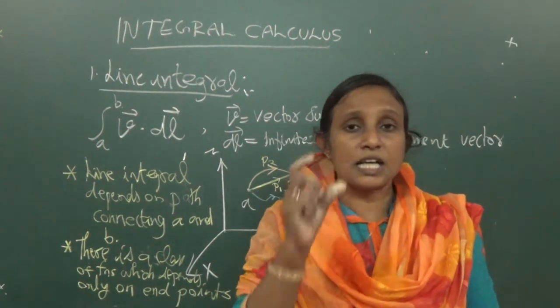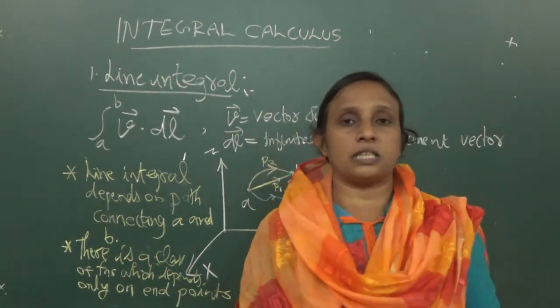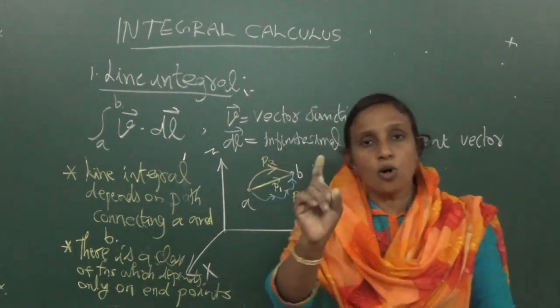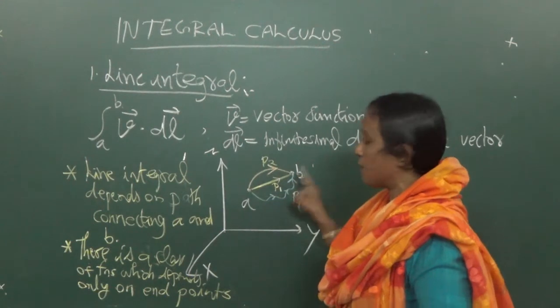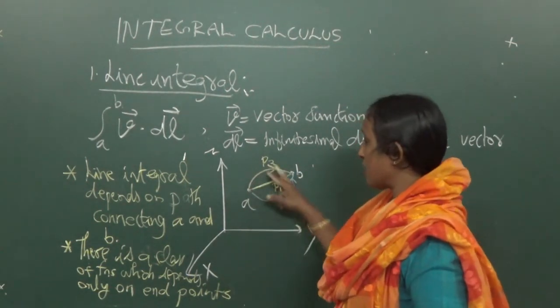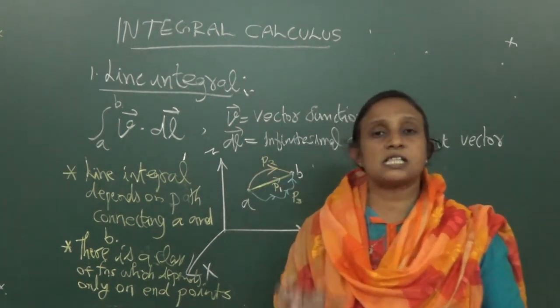But for a certain special class of functions, the line integral depends only on the endpoints of integration, that is A and B. Then if you integrate over any of these paths, you will get the same result.